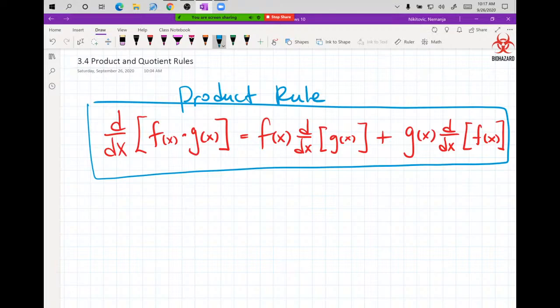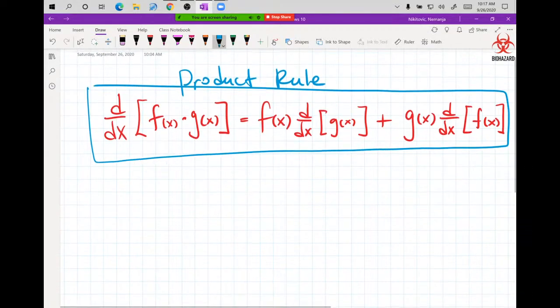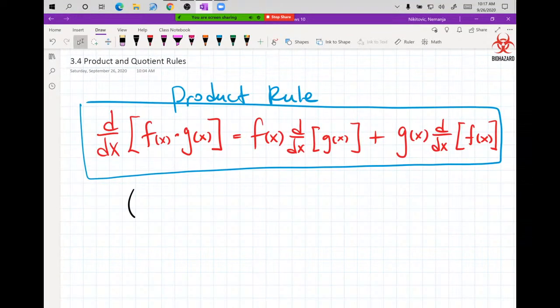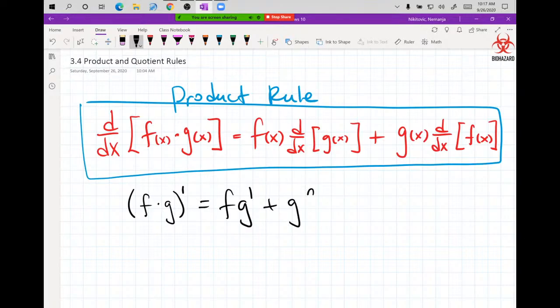Now, a couple more of these notations to help you out. The most famous one is using u and v as functions f of x and g of x without writing the x part. That's the most frequent one in use. But I'm also going to write f times g prime is fg prime plus gf prime.